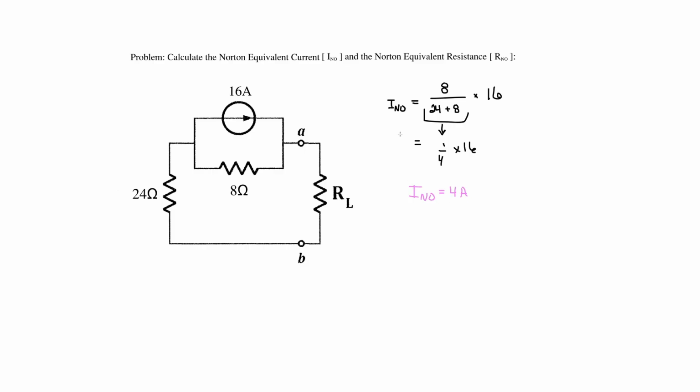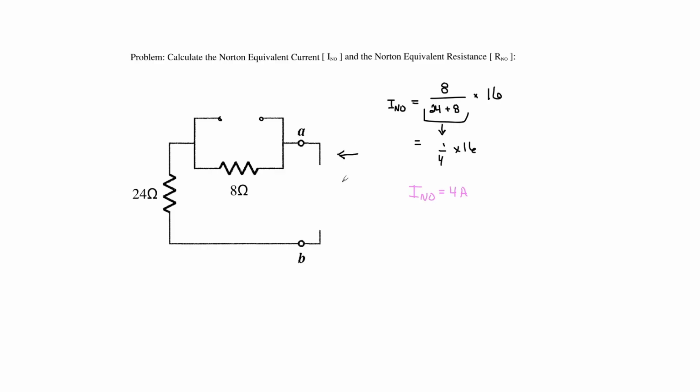Next, we will want to identify the Norton equivalent resistance. This can be evaluated by removing the load completely with an open circuit as well as transforming all sources. Now, we have a constant current source of 16 amps. We will need to transform this by omitting the current flowing through this branch. This can be done by inserting an open circuit.